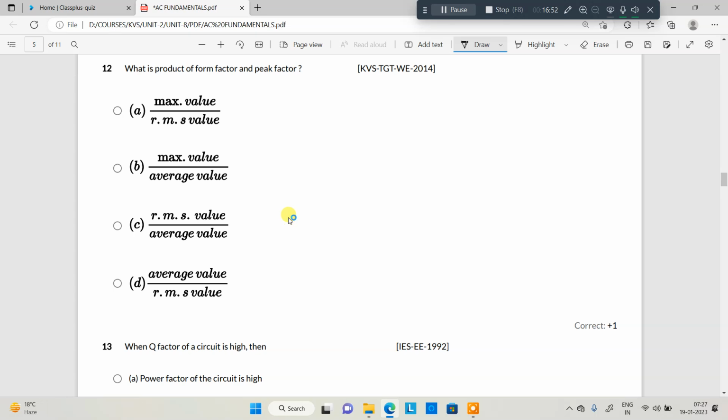Next, question number 12. In question number 12, what is the product of form factor and peak factor? You know form factor and peak factor. Form factor formula: RMS value divided by average value.